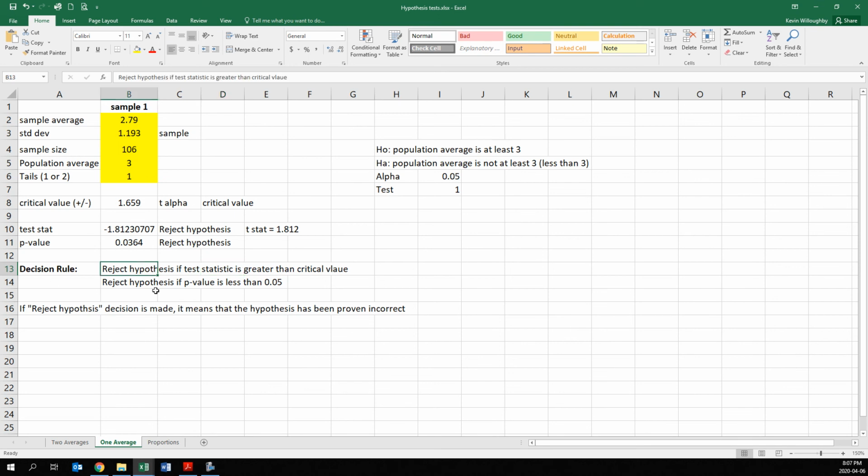Right here, our decision rule: reject the null hypothesis if the test statistic, right there, 1.812, is greater than the critical value of 1.659. So we are rejecting this. We are left with the alternate hypothesis, which basically says that the population average is not at least 3, that it's actually less than 3.